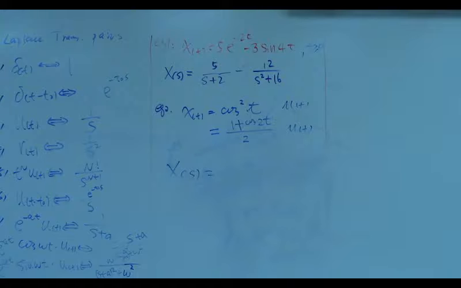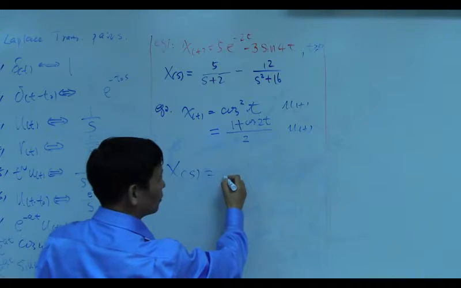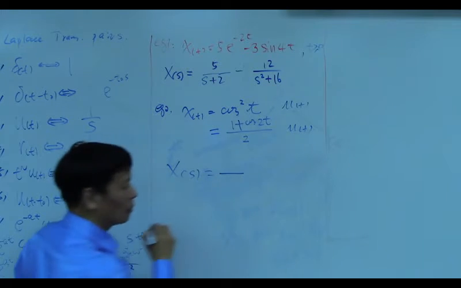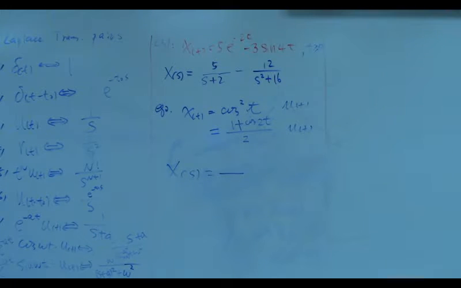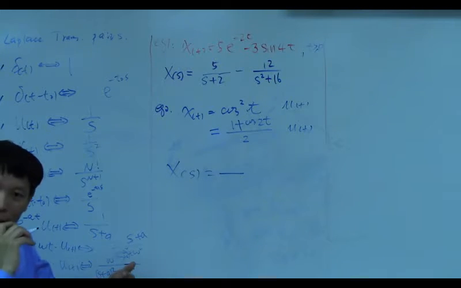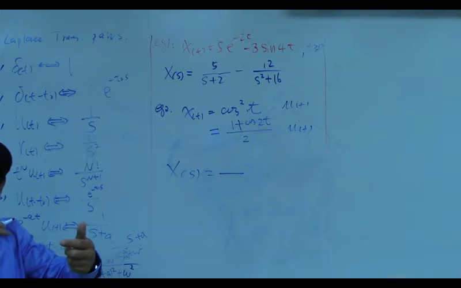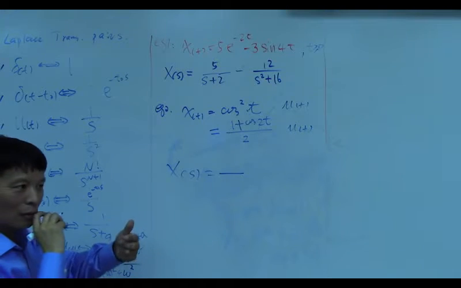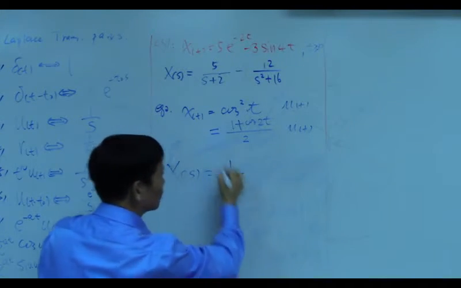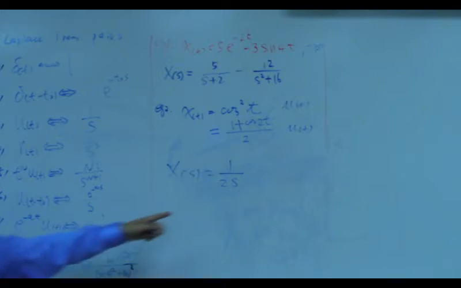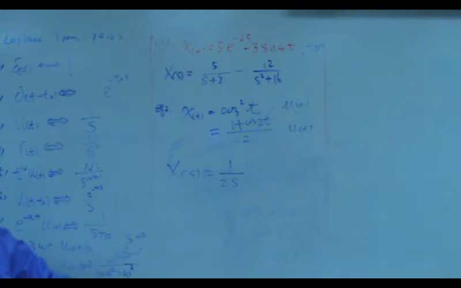Which formula are you going to use? Number 3. So what's the result? 1 over s, so 1 over 2s. 1 over 2s, right? 1 over s divided by 2, right? So that's the first part.